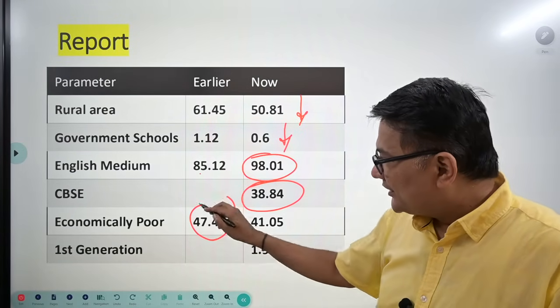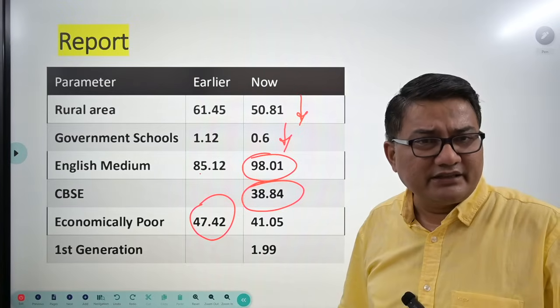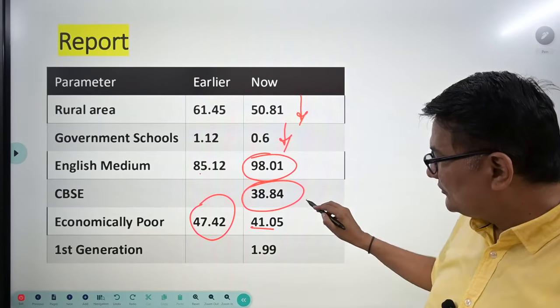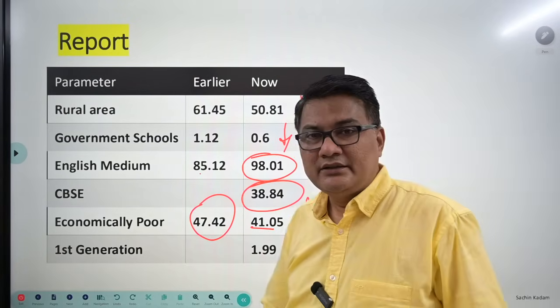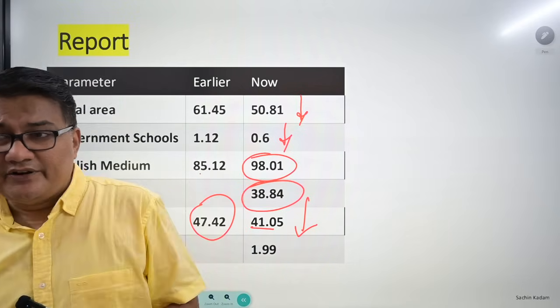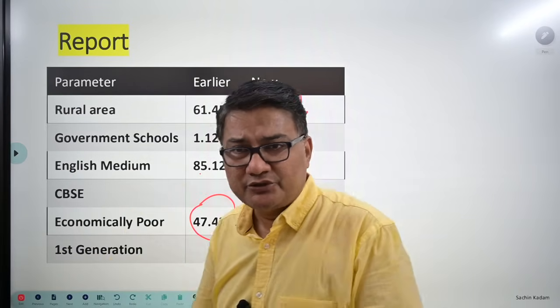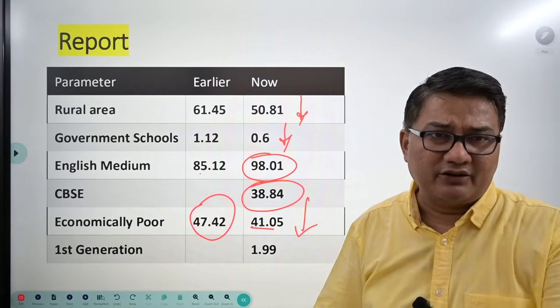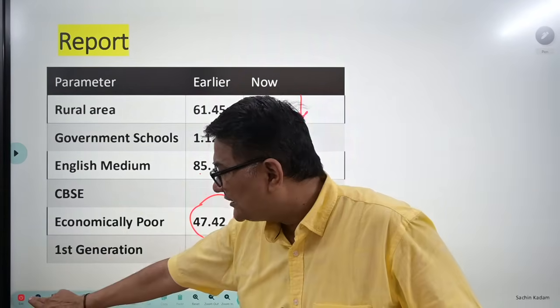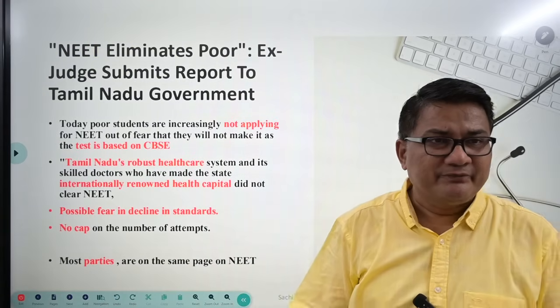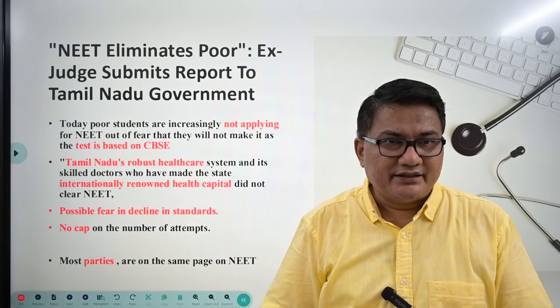Economically poor students, earlier they used to be somewhere around 47%, now it is down to 41%. So don't you think you can't reject these facts, and these facts clearly show that something is wrong? And this is what the judge also submitted.